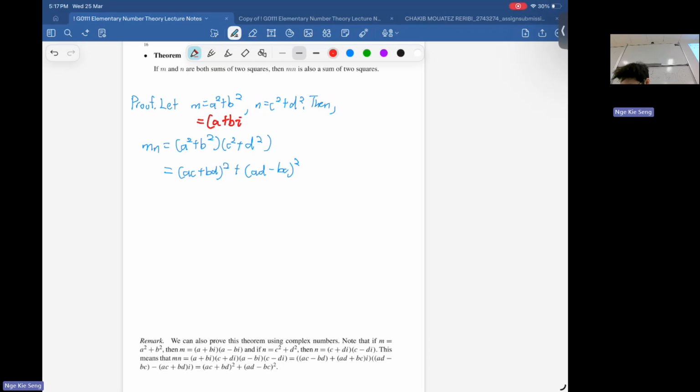You guys learned complex numbers before you came to university, right? Yeah, good. So you can think of this m as a product, similarly for n. Then if you multiply these together, the i will disappear, if you follow this calculation.